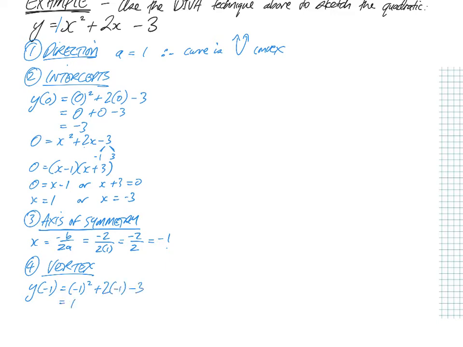Negative 1 squared is 1. Positive 2 times negative 1 is negative 2, take 3. 1 take 2 is negative 1, take 3, negative 4. So these two steps tell us that the vertex is at negative 1, negative 4.